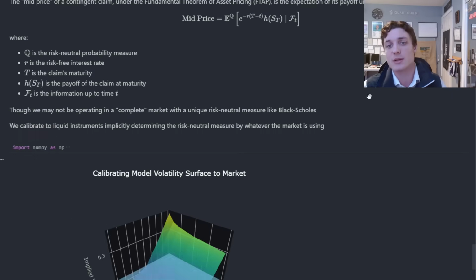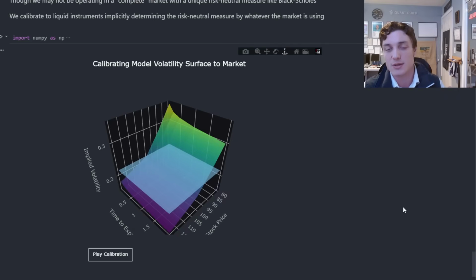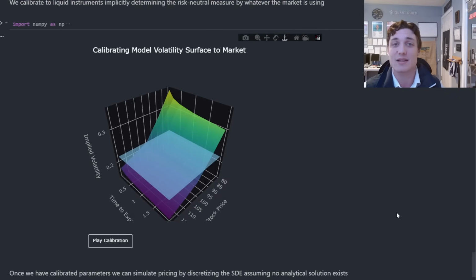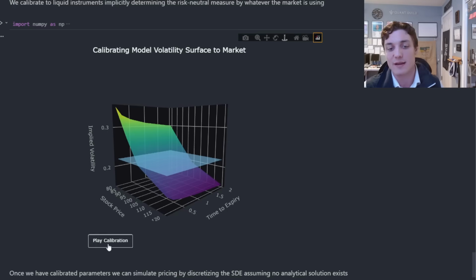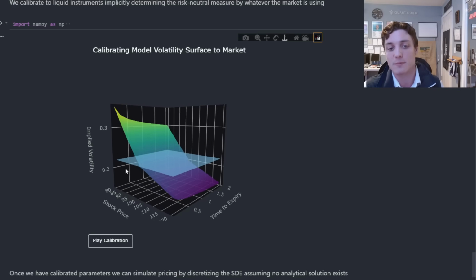Well, we're just going to calibrate the model directly to the market, and that is going to be the risk-neutral measure that we choose. So effectively, this turns into a calibration problem. You can see this flat surface here is the initial selection of our model parameters.